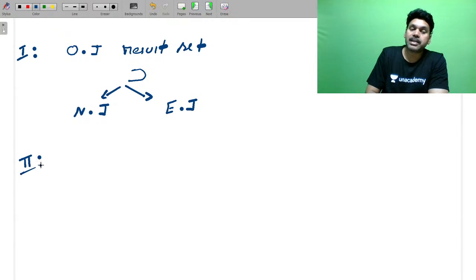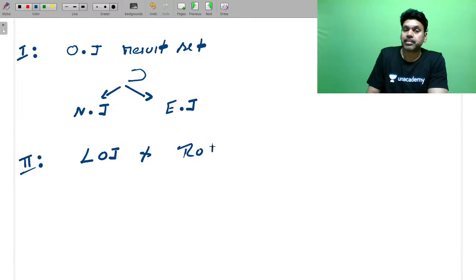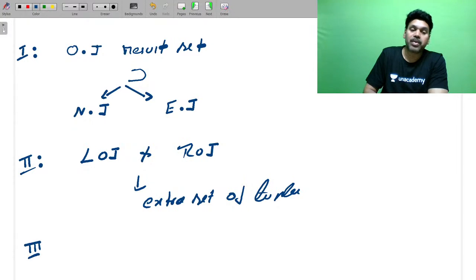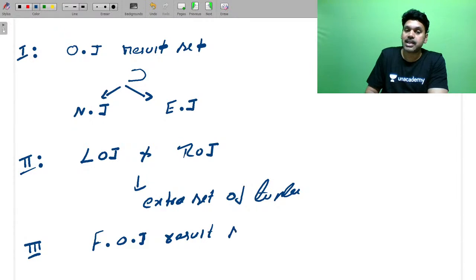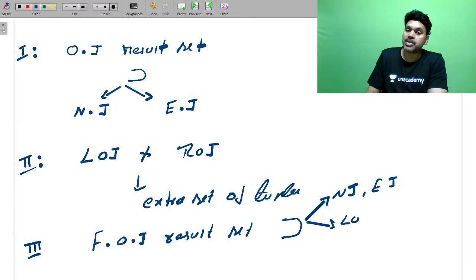Second important point is that left outer join and right outer join will display extra tuple sets, spurious tuples. And the third important point is that full outer join result set is greater than all. It is greater than NJ, greater than EJ, and greater than LOJ, greater than ROJ. Why? I will show you.